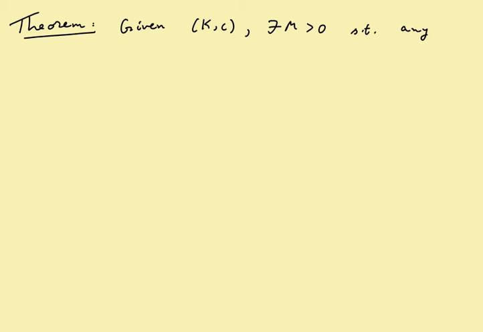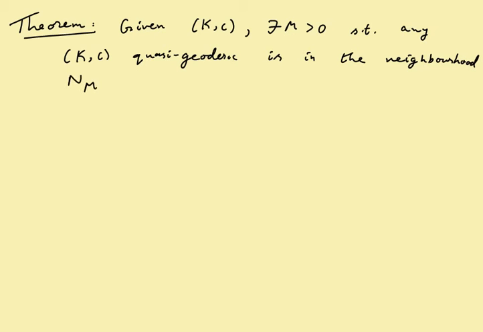But in the hyperbolic context, the following really remarkable result is true. Given constants k and c, there exists m greater than 0 such that any (k,c) quasi-geodesic is in the neighborhood N_m of alpha for a geodesic alpha.